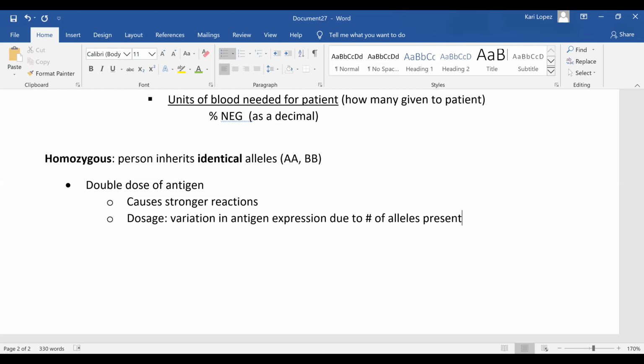Generally if it's heterozygous, it'll show like a 2+ or 3+. But if it's homozygous, it'll show like a 3+ or 4+ reaction.